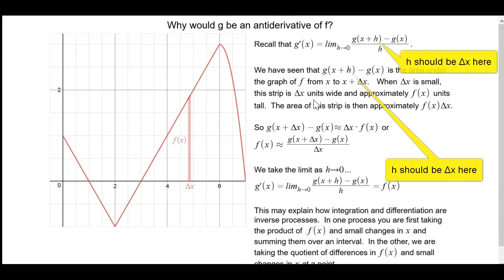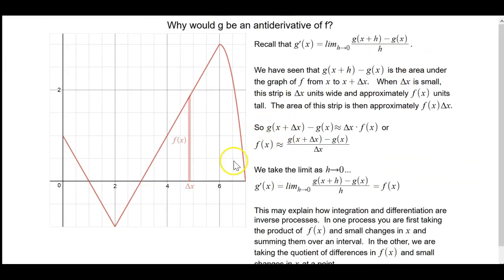We're not going to go into a rigorous proof. That's in the book for this part. But let's look at what g prime of x might be. Remember the definition of the derivative as a limit of the difference quotient. g of x plus h minus g of x is just the area under the graph of f from x to x plus h, or delta x.